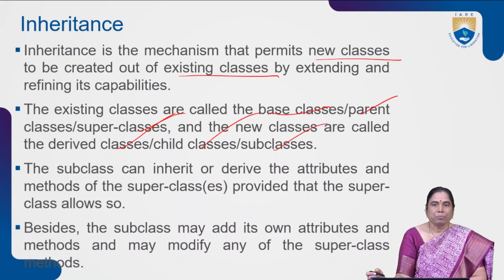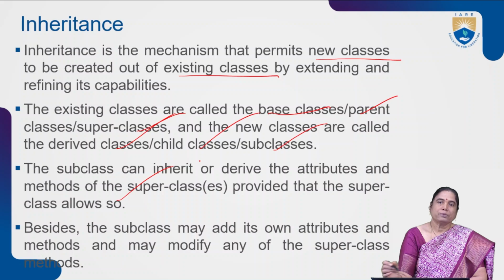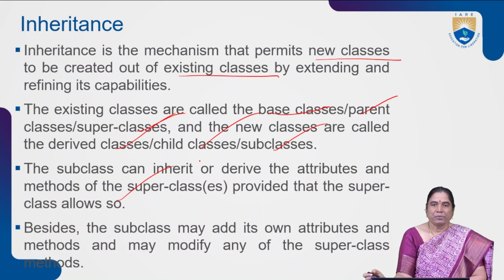These subclasses can inherit and derive the attributes and methods of the superclass, provided that the superclass allows so. Besides, the subclass may add its own attributes and methods, or modify any of the superclass methods.